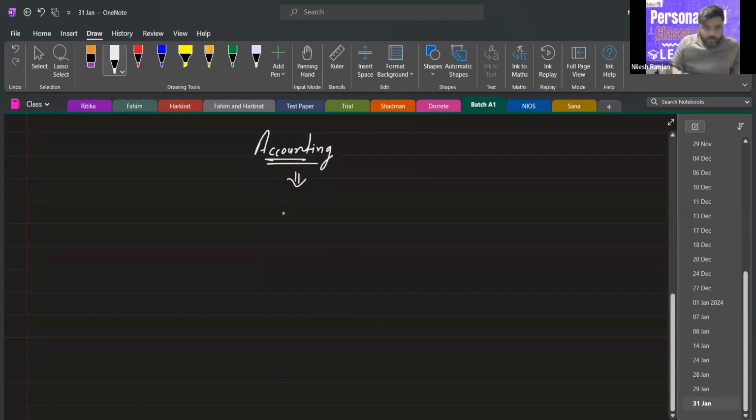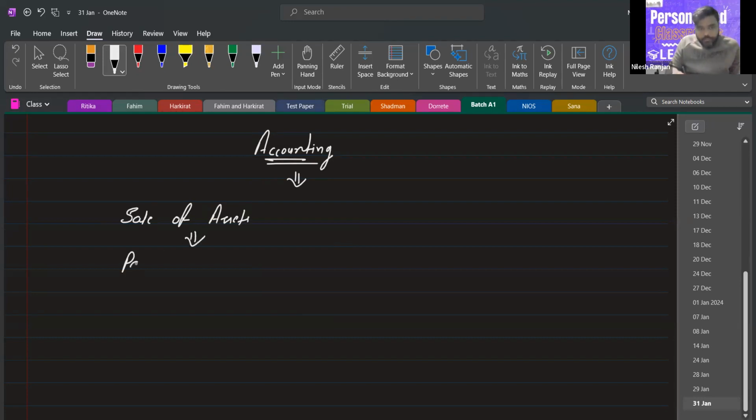Okay, so we are talking about accounting here. First of all, the process is: sale of assets. Then payment to liabilities.